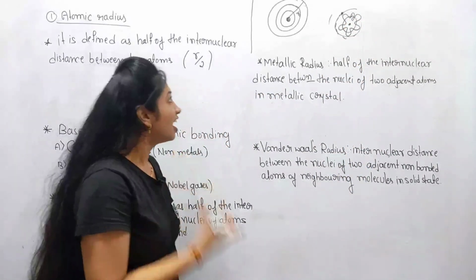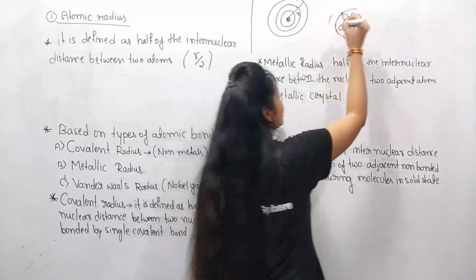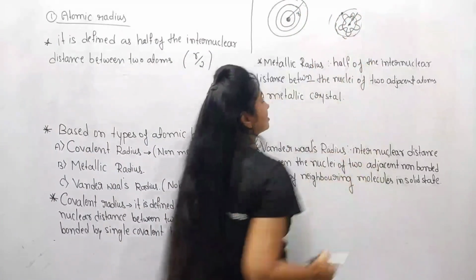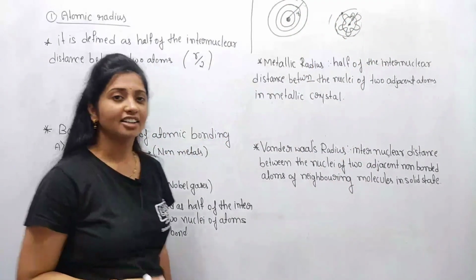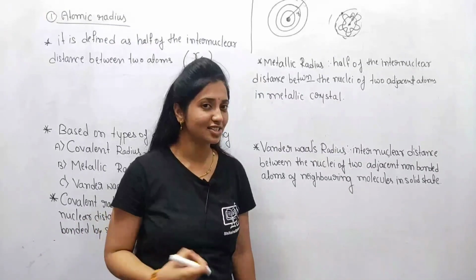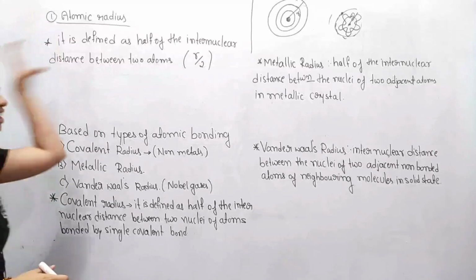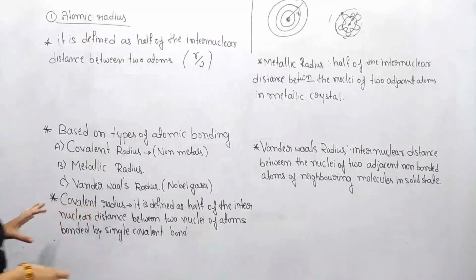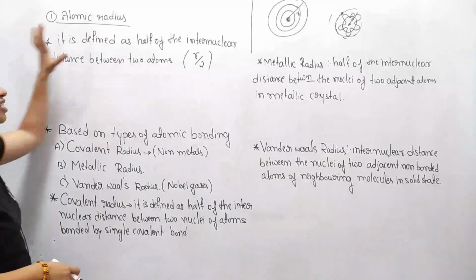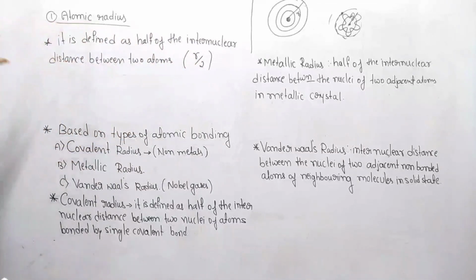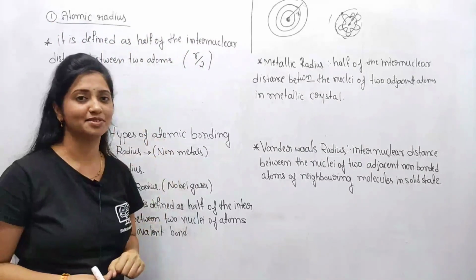So we can't measure a single atom's radius. Then how do we measure the radius of the atom? So what is the definition of atomic radius? Just see here. It is defined as half of the internuclear distance between two atoms.